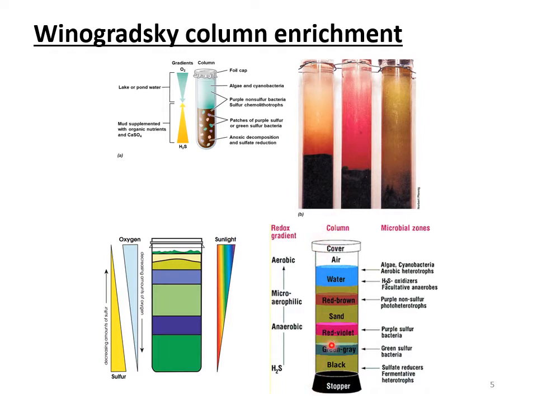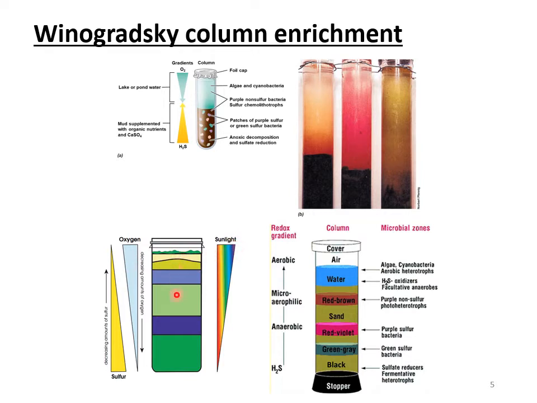Okay, because if you think about it, the top of that column is what has exposure to air and the most light and whatnot. So that's where you'll get microbes that have the need for a lot of oxygen, a lot of sunlight.